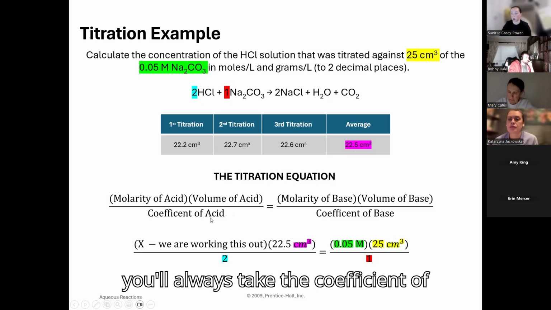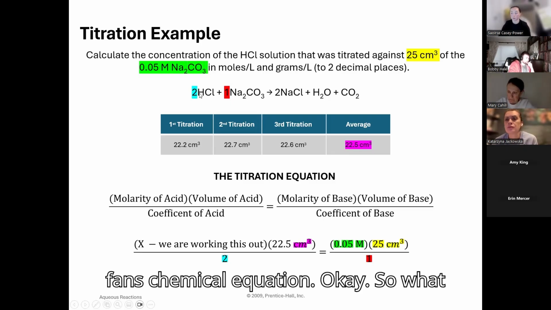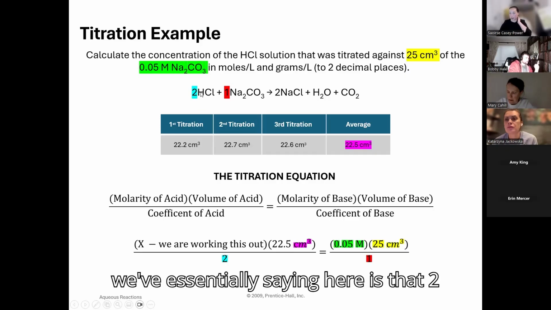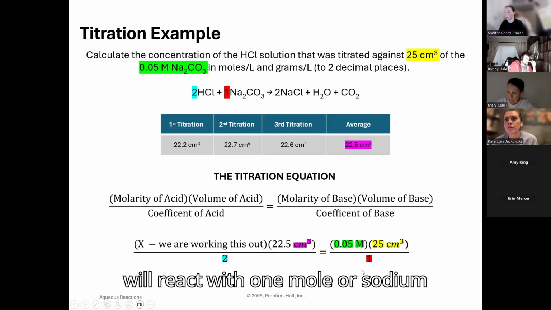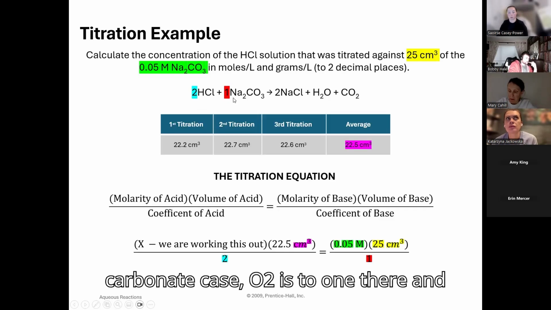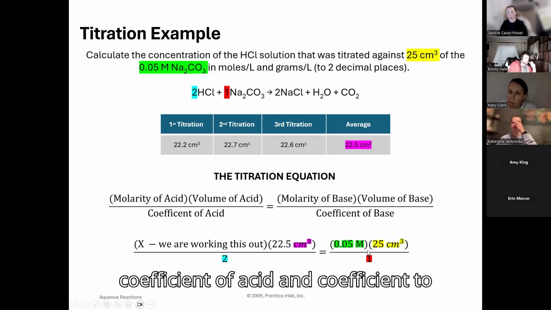But you'll always take the coefficient of acid and the coefficient of base from its balanced chemical equation, okay? So what we essentially say here is that 2 moles of hydrochloric acid will react with 1 mole of sodium carbonate. Okay, so 2 is to 1 there. And that's what I've inputted down here for coefficient of acid and coefficient of base.